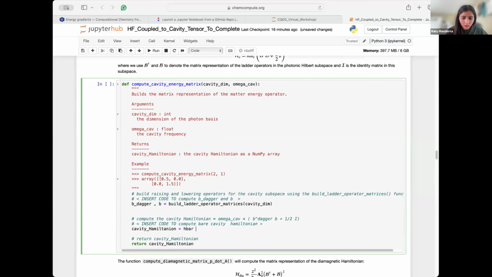So we have h bar into omega underscore cav into b dagger b, and now we need to add our identity matrix, which is np dot eye and dimension of our cavity, and it should run.